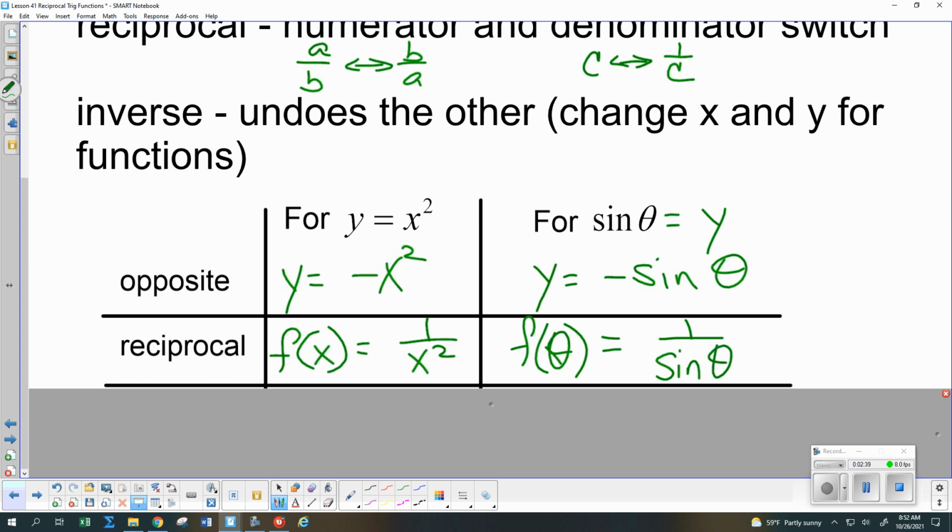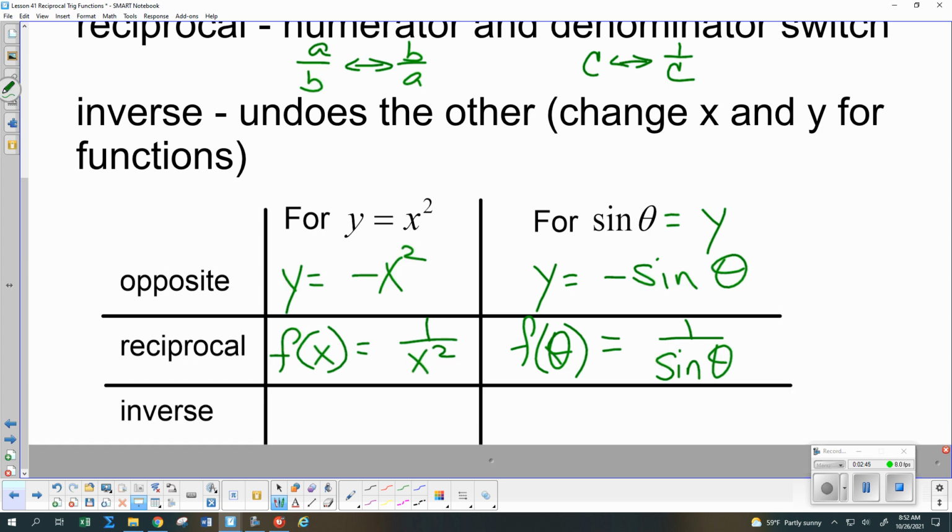And we'll give that a special name in just a moment, one of those other trig buttons. If we wanted to talk about inverses, for y equals x squared, we change that to x equals y squared, and then we would solve that for the new y, so we would have y is the plus or minus square root of x, not a function in that notation, but that would be the inverse.